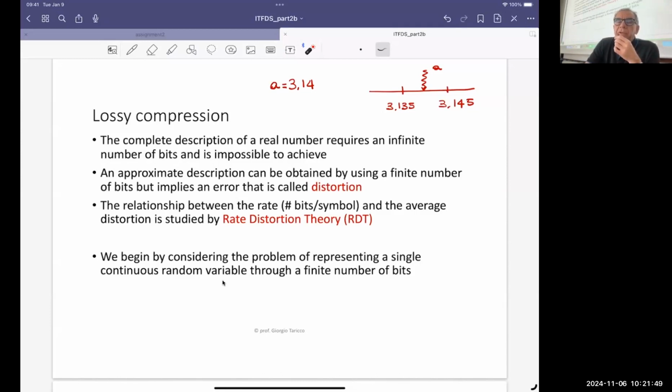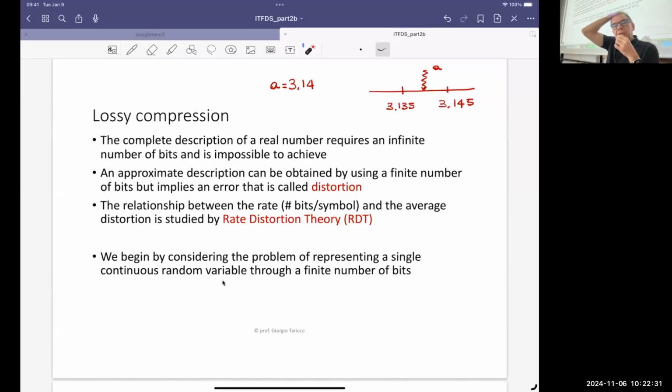The rate distortion theory essentially finds the functional dependence of the rate, in terms of number of bits per symbol that are used, where symbol is the random variable essentially, and the distortion that we have. That is, the more bits per symbol we use, the lower is the distortion. When we use an infinite amount of symbols, we expect that the distortion goes to 0.